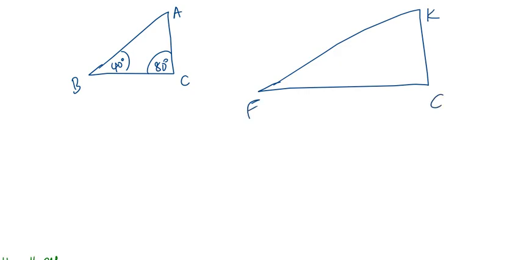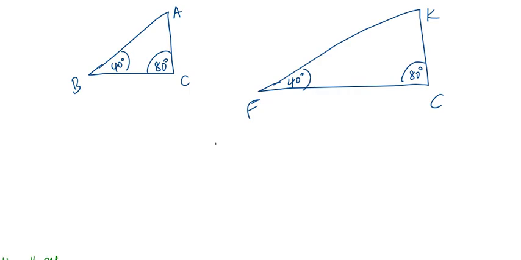Now then I say to you, this is 80 degrees, and then this is 40 degrees. Then I say to you, prove to me that these triangles are similar. The nice thing about it is that you just need to prove that two pairs of angles are equal. Then the other one, you just say third angle.